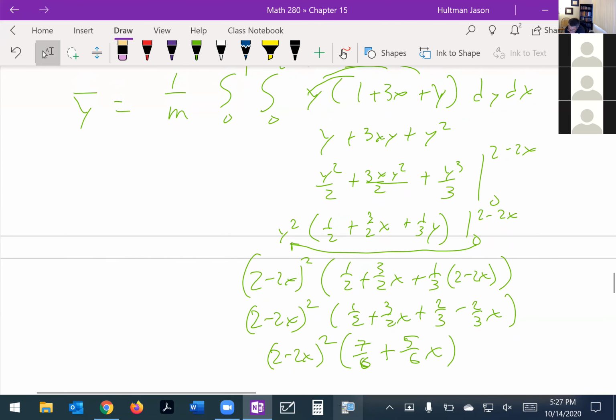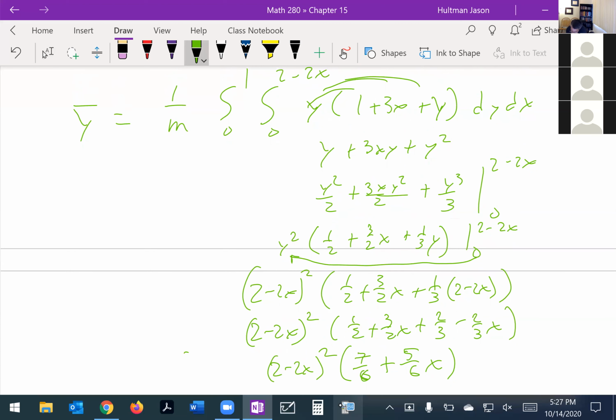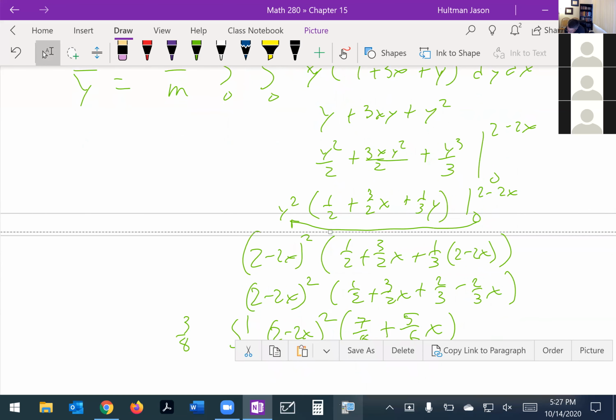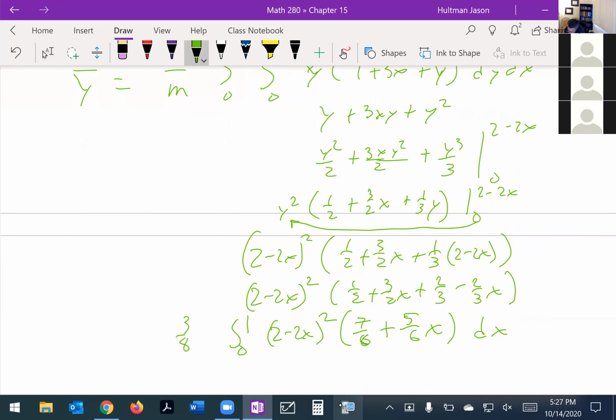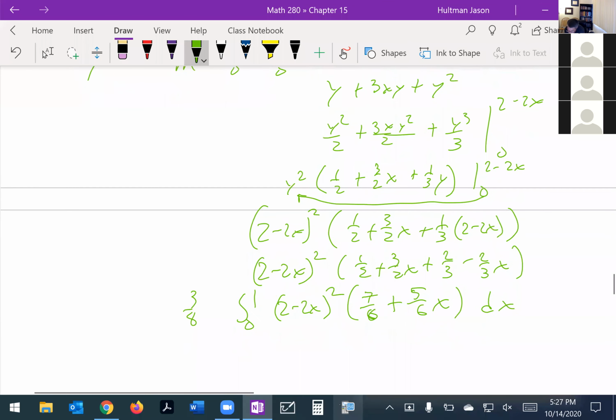That's the integral on that one. 1 over m is 3/8. And then this is going to be from 0 to 1 of this thing here, dx. Now I could do integration by parts here, but I don't really want to, so I would just multiply this all out.